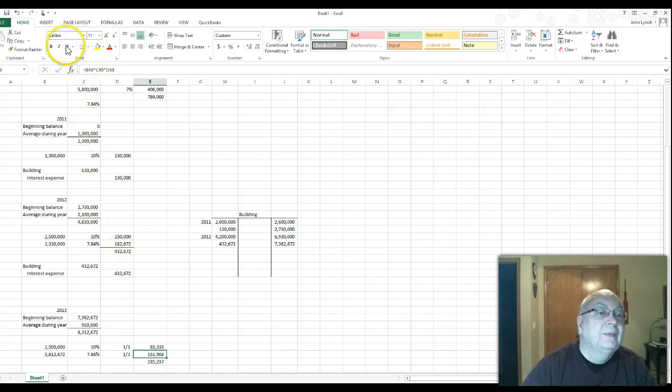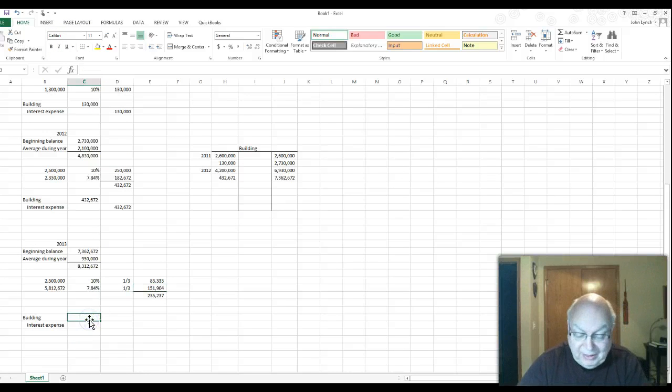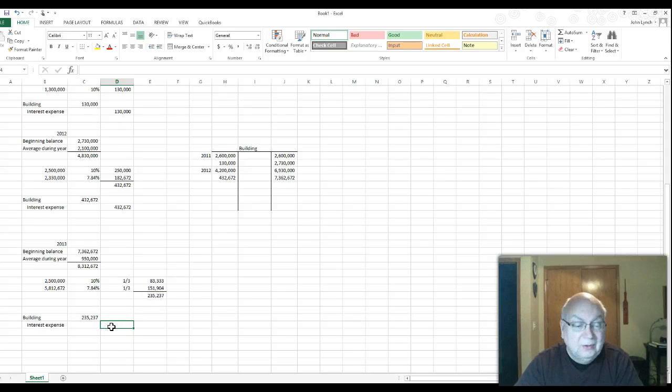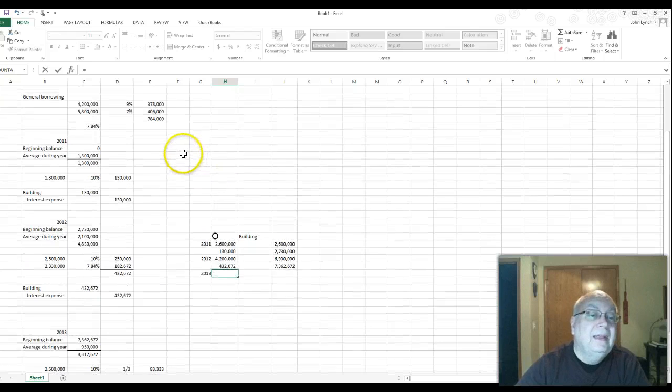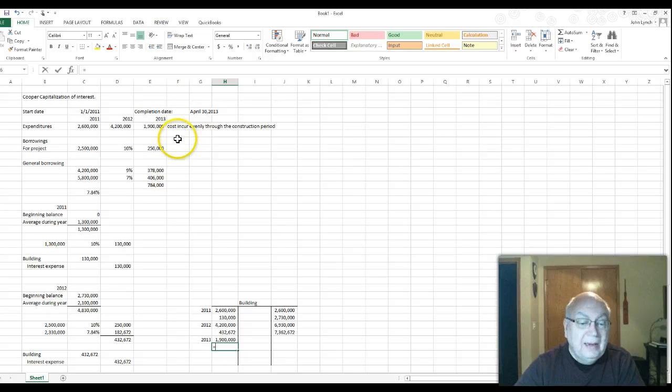Make it look nice. So the entry for this would be for the 237, and this one is also equal to the 235, 237. Okay, so for 2013, then we would add the 1.9 million for expenditures.